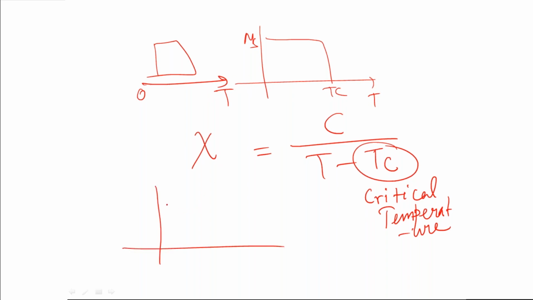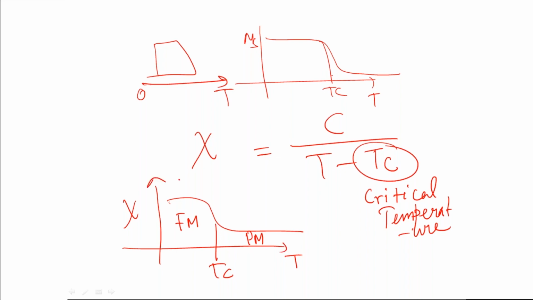It will be like this. After Tc it will not go to 0 directly. It will be like this. This is your Tc. This region is the ferromagnetic region, and this is the paramagnetic region. This is chi versus T, and M versus T will also be the same type.